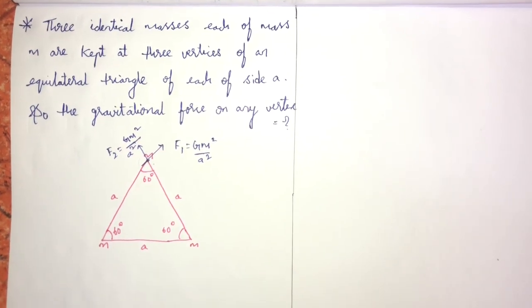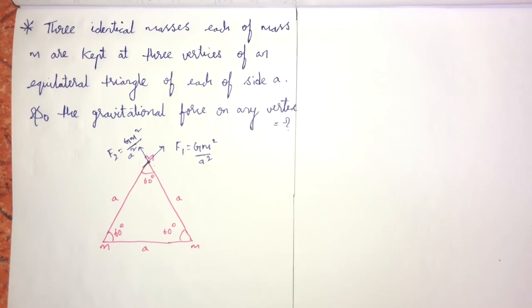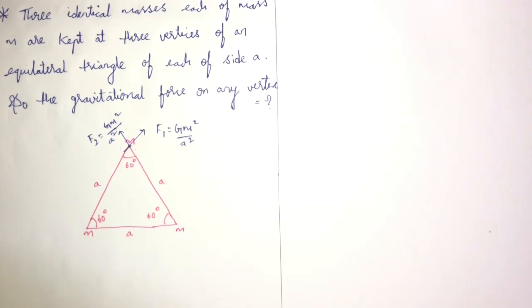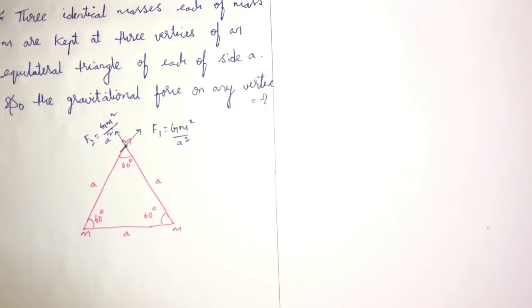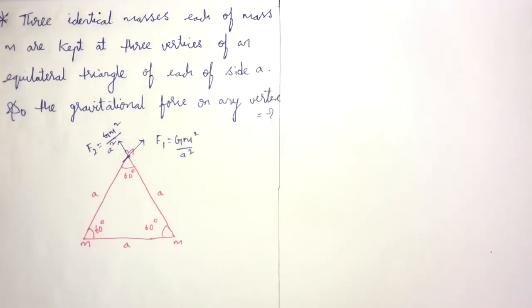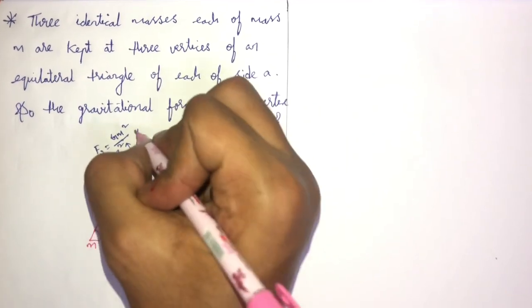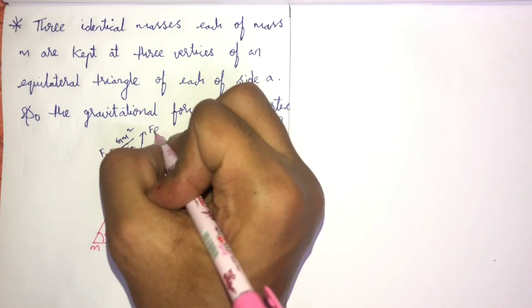So both the gravitational forces F1 and F2 are equal to G m square by a square. So the magnitude of the sum of equal vectors will be equal to F resultant.